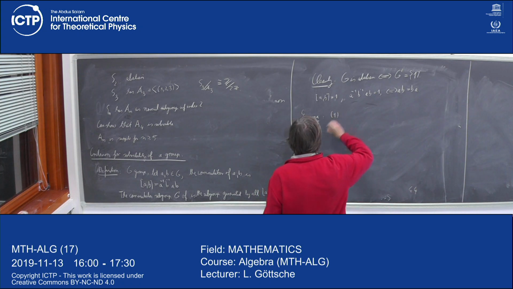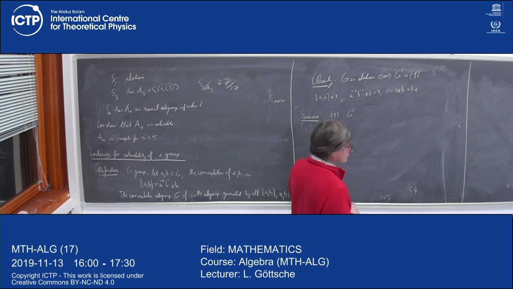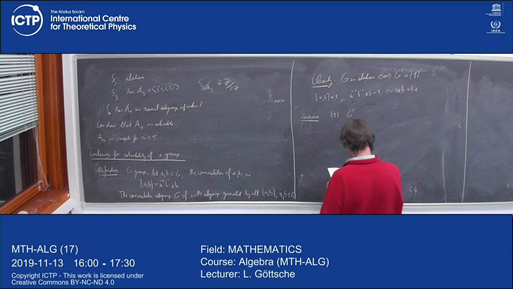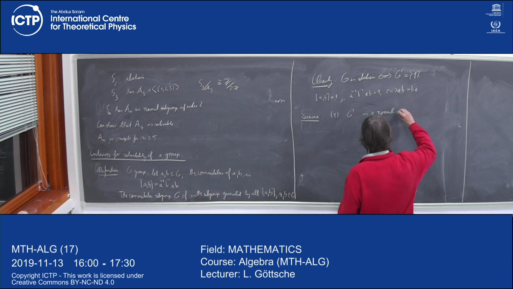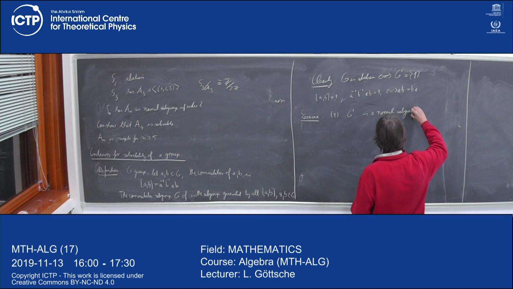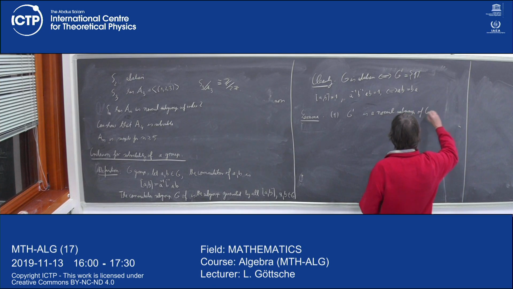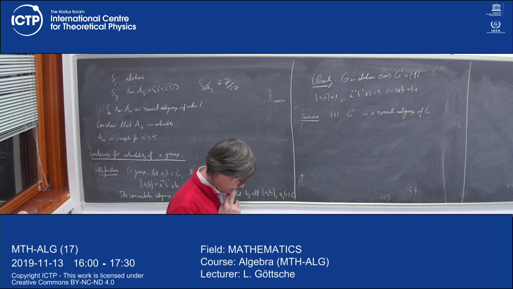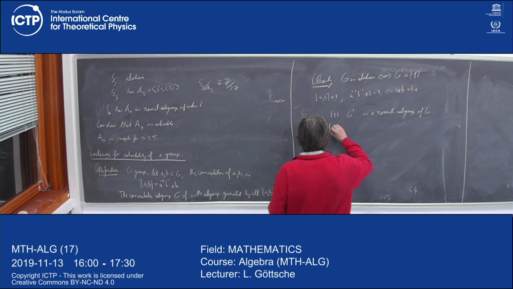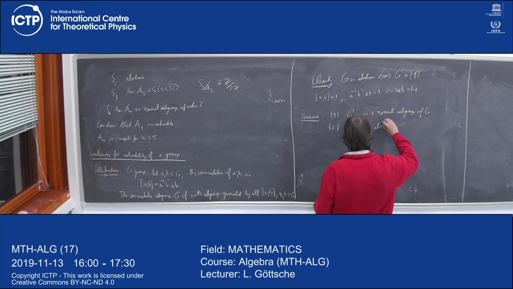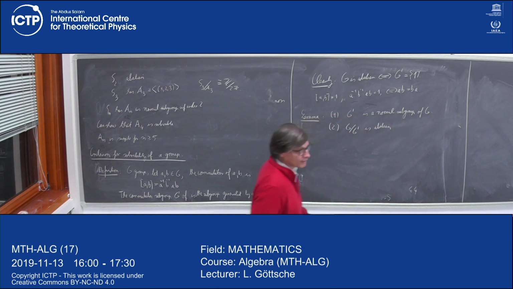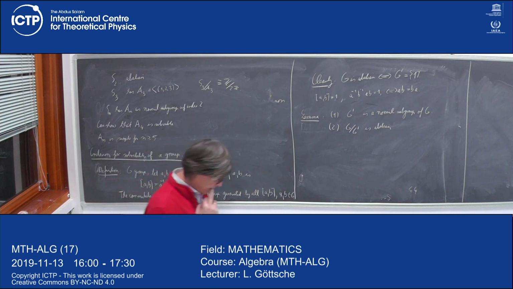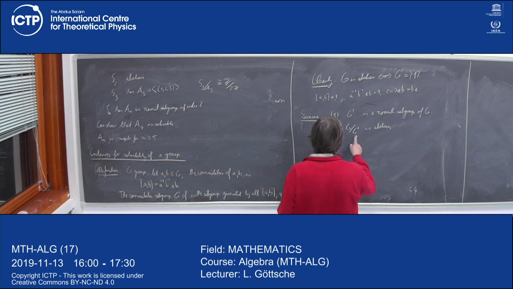First, this commutator subgroup is not just a subgroup, but it's a normal subgroup, and the quotient is abelian. Now we will want to have normal subgroups such that the quotient is abelian, and this G prime is somehow the smallest subgroup with this property.